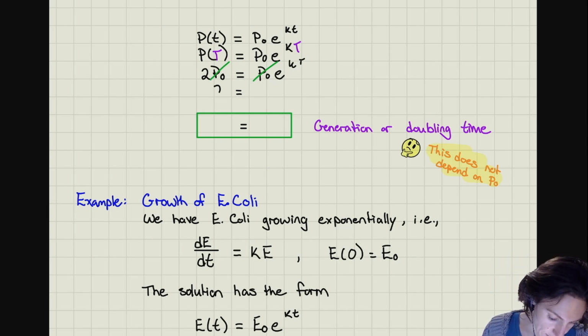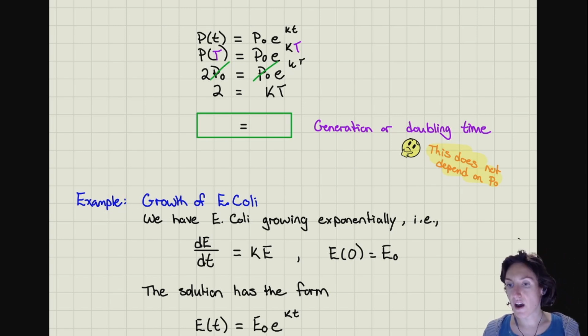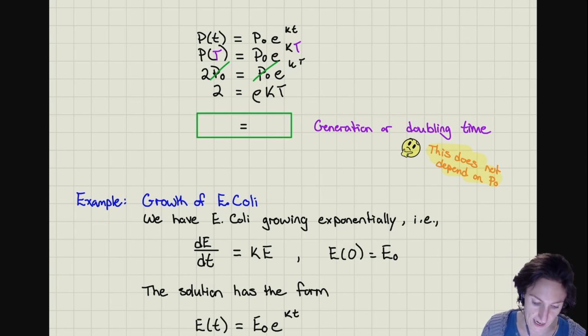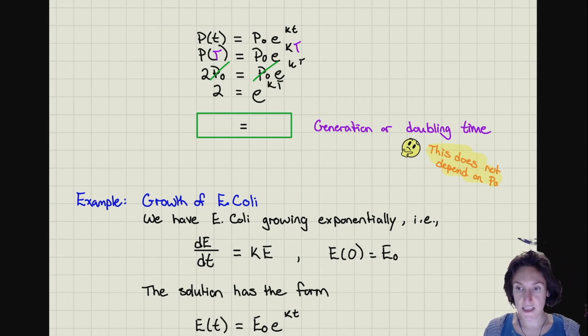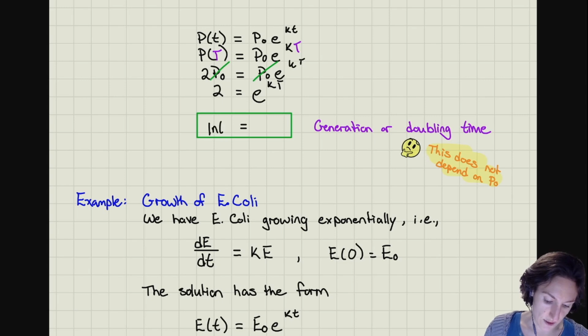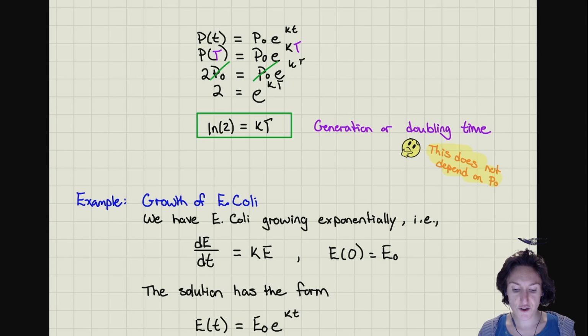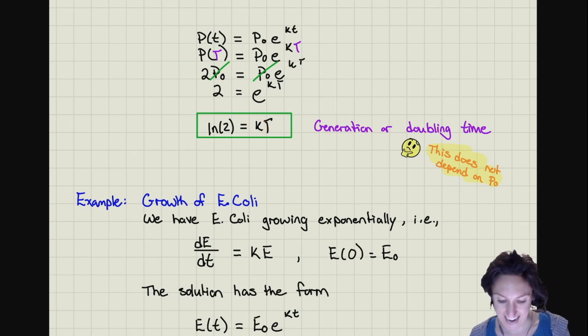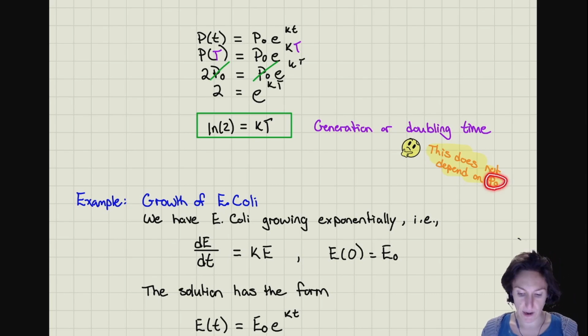Then I'm left with e to the kT equals 2. If I want to isolate for k or T, I would take the natural log, so ln 2 is equal to kT. This is the relationship between the doubling time and our growth rate k. And notice that it doesn't depend on P naught. Intuitively you may think it would, but it turns out it doesn't.